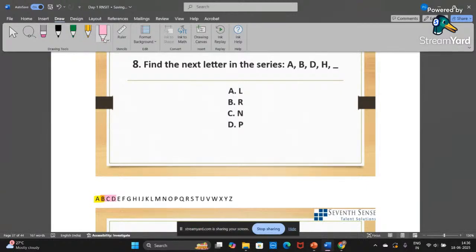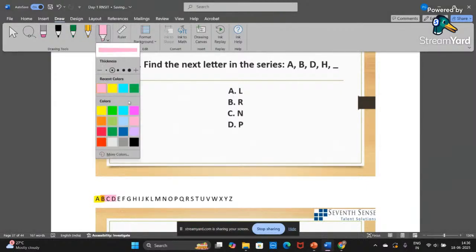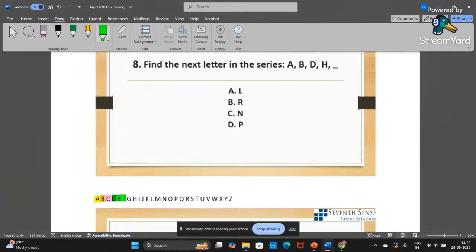Then between D and H, they left some alphabets. For the first, one alphabet. For this, it is 3. For the next, it has to be obviously 4.